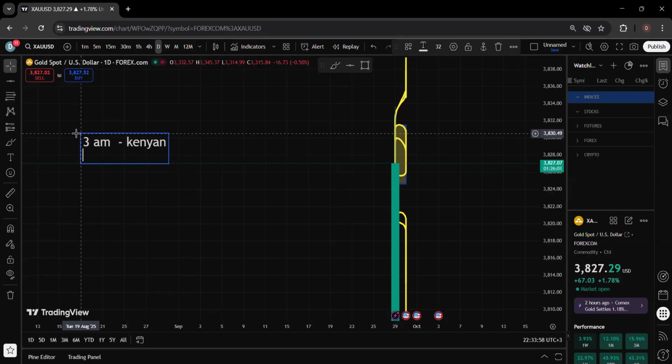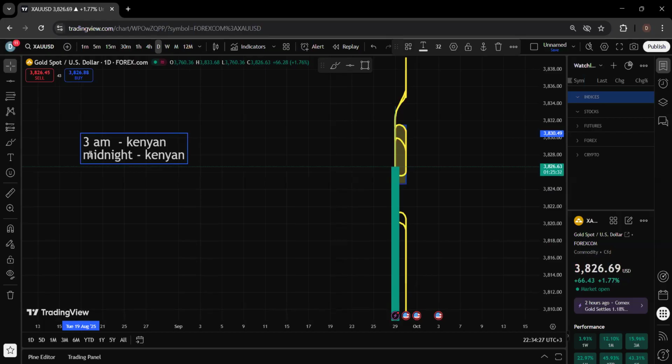I'm using Kenyan time so that you convert to your specific region's time. The market will be open at 4 a.m. Kenyan time and will close around midnight Kenyan time. Please take a screenshot and convert that to your time.